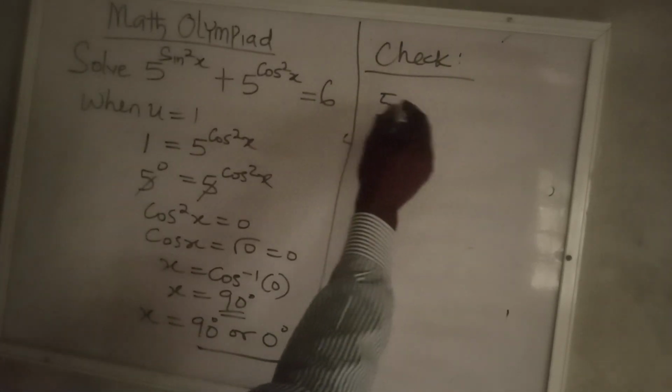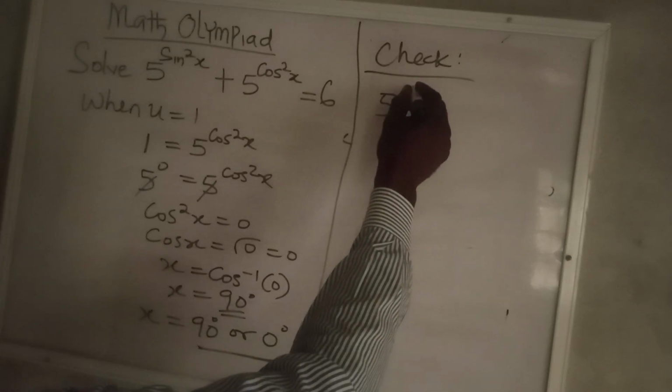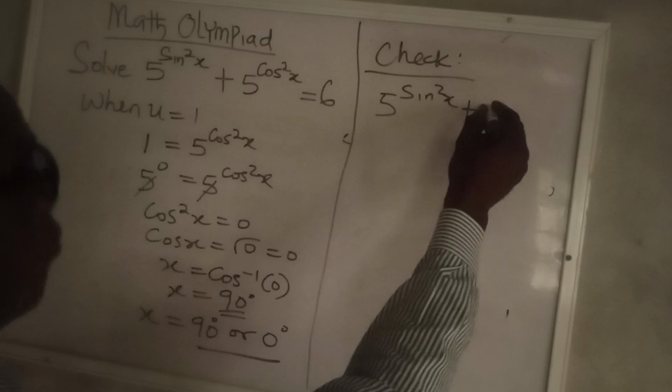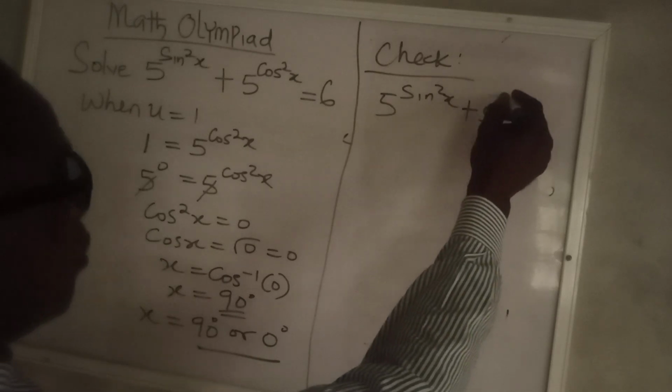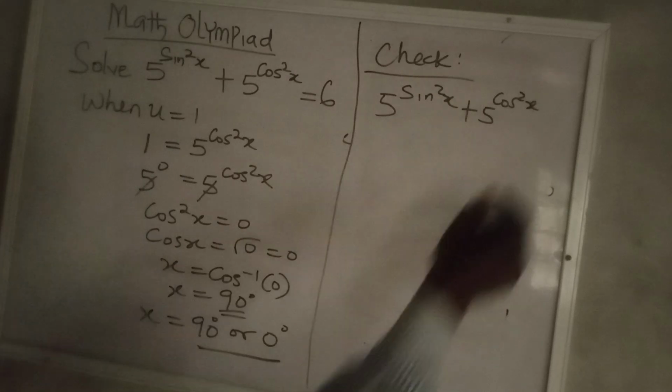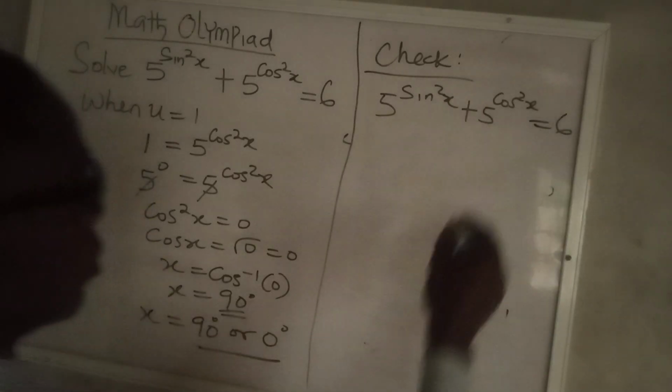Well, 5 raised to power sine squared x plus 5 raised to power cos squared x equals 6.